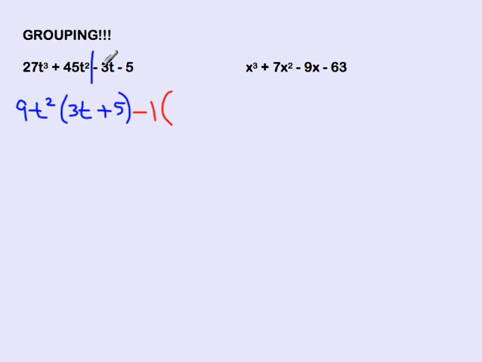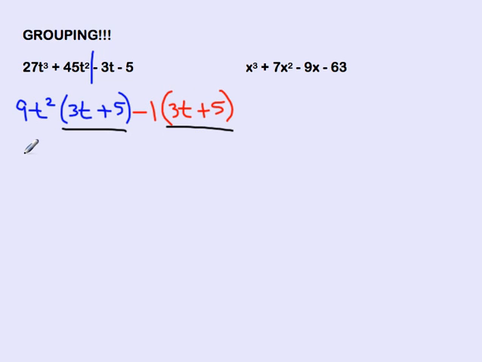So now what do I have left here? That's going to be 3t. Since I took out a negative, I have to change this sign to a plus, and then 1 goes into 5 5 times. Now notice in this problem that what you have in parentheses is both the same. So what you're going to do is think of both of these multiplications, and we're going to factor something out.